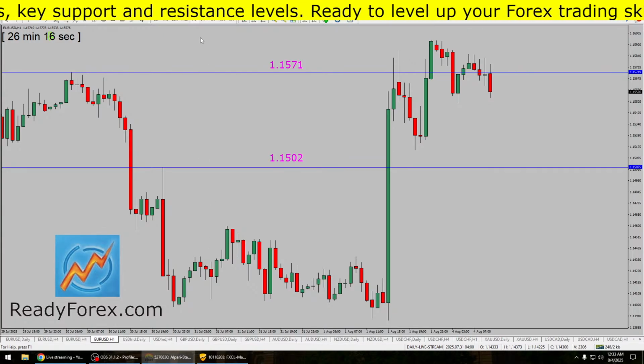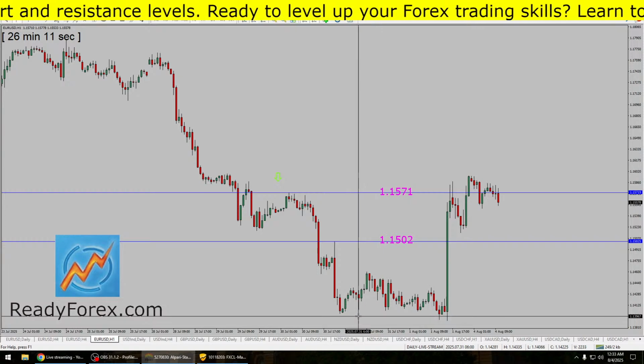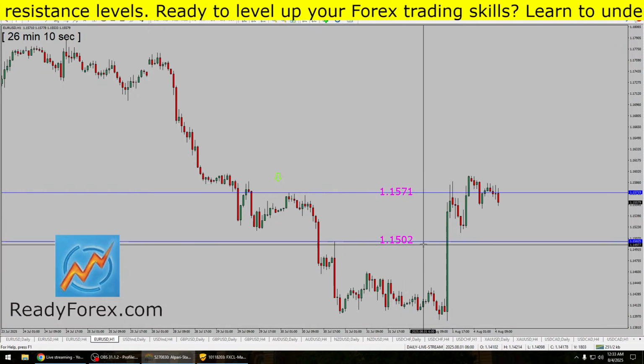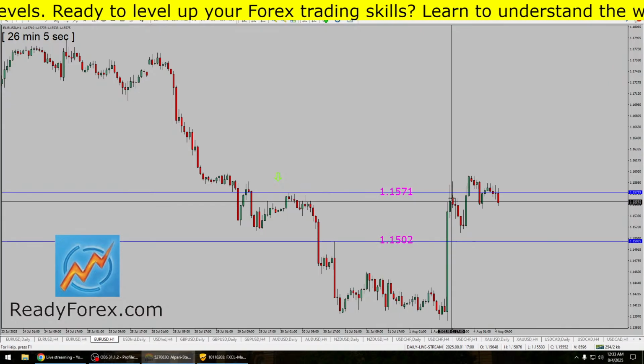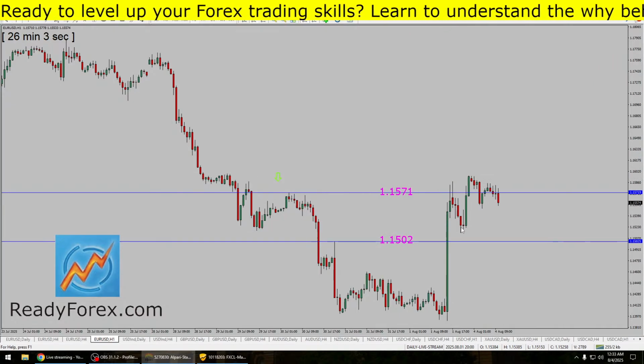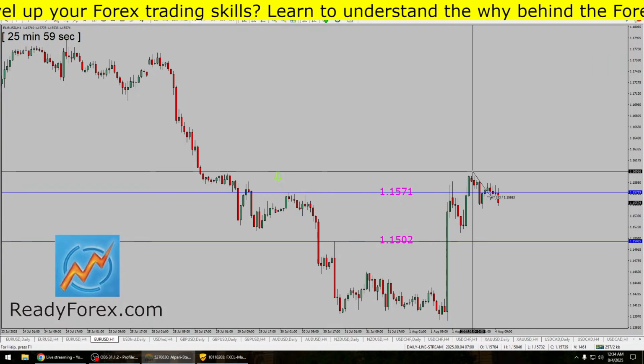Okay, so if you take a look at 1 hour time frame, this was the resistance level. Price action rallied up, created a pullback, then rallied up more, then created a pullback.